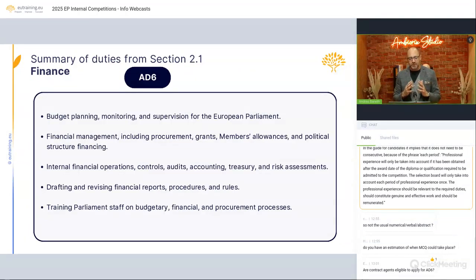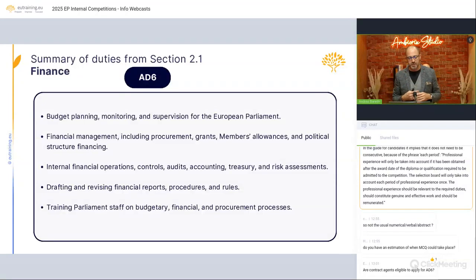And then the finance. So very similar guiding principles, a pretty detailed overview in the notice of competition of the duties, which again carries over what it means for the multiple choice quiz, and all what you can expect from risk governance or risk assessments to financial management, procurement, right?